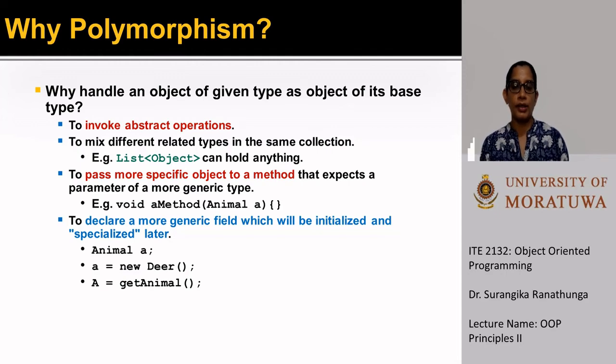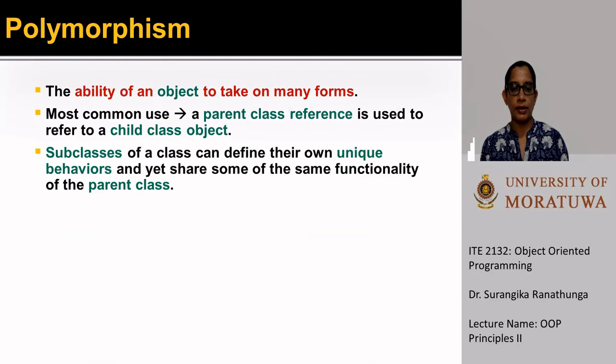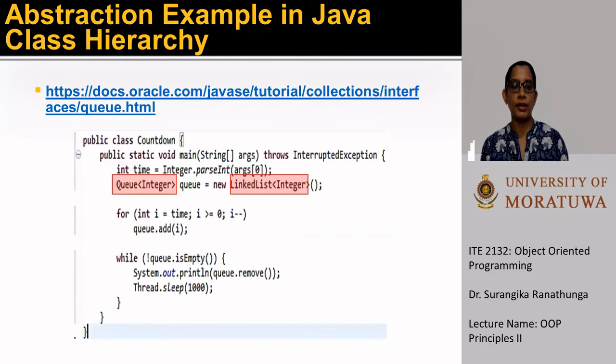This phenomenon has been used in our previous example as well. If you look here, now a variable or reference of the generic type Q is being assigned to an object of the more specific type, a LinkedList object. And this is the place where the execution of abstract operations happens. For the Q class, we have the abstract method.